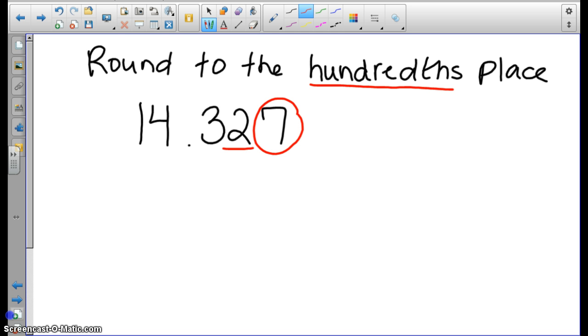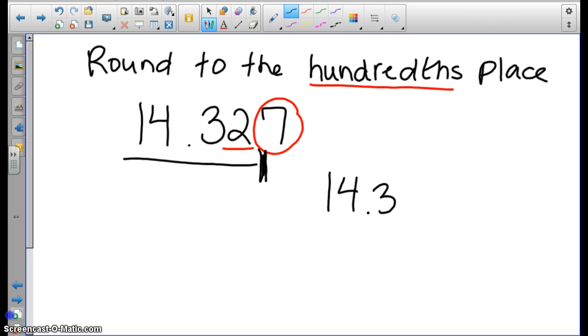Okay, when I go to rewrite, I have to start from the beginning and stop at the place we're rounding to. So I'm not going to get rid of that whole number 14. That stays with our answer because we're rounding to the hundredths place, not the whole. Okay, I've got 14. The 3 stays the same, but now I've got to figure out what I need to do with the 2. Is he going to stay the same or is he going to round up?